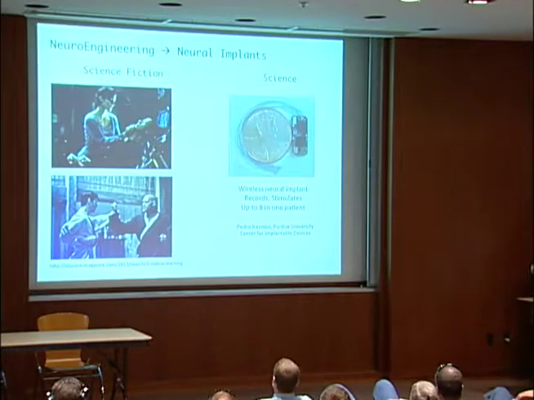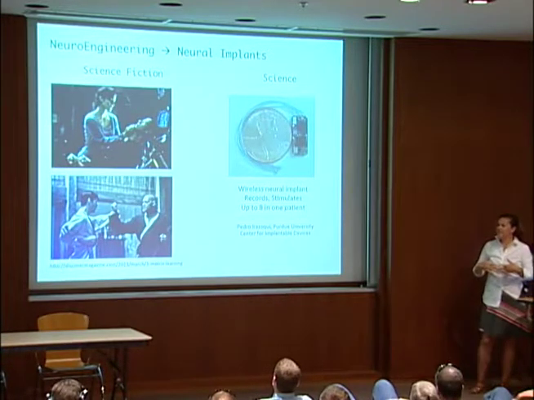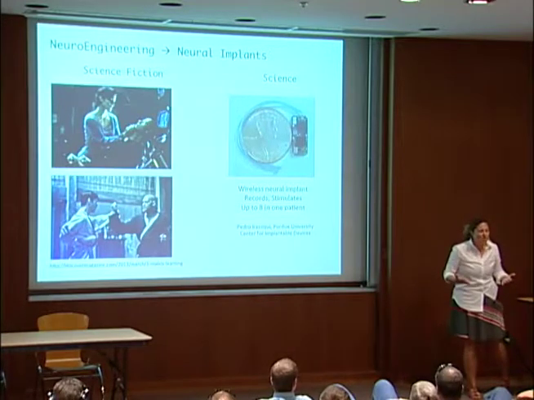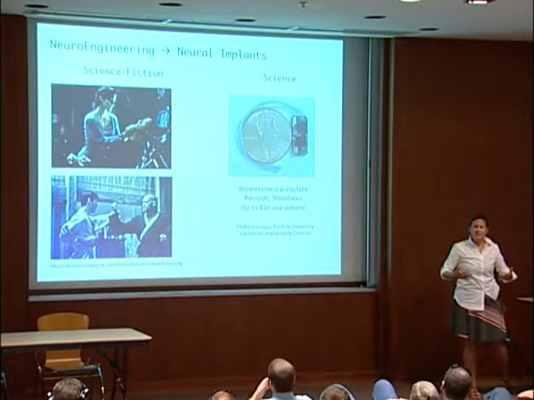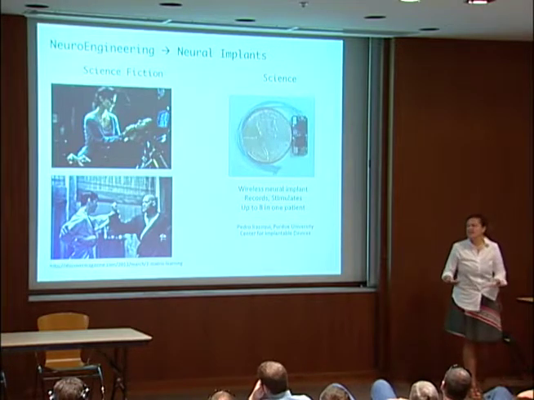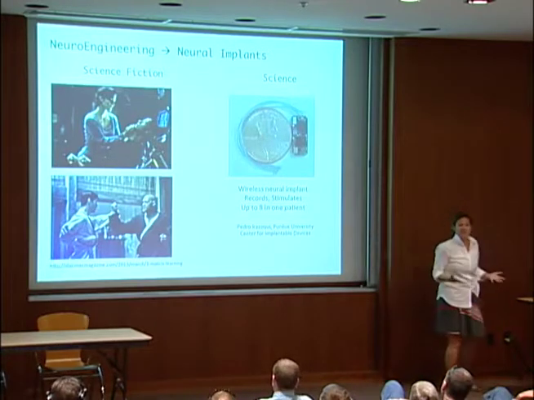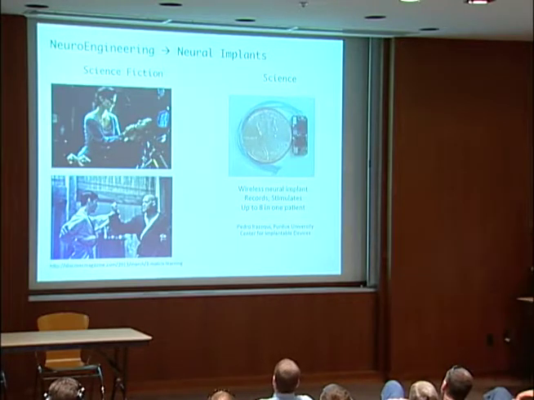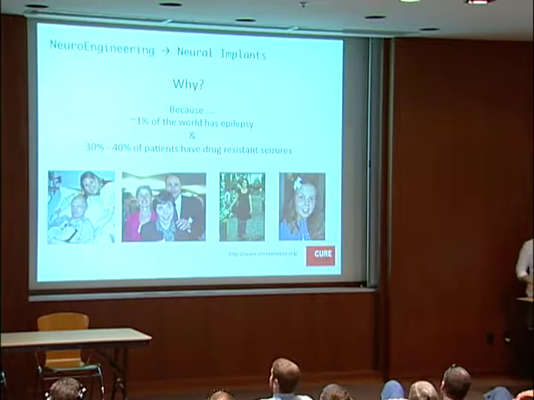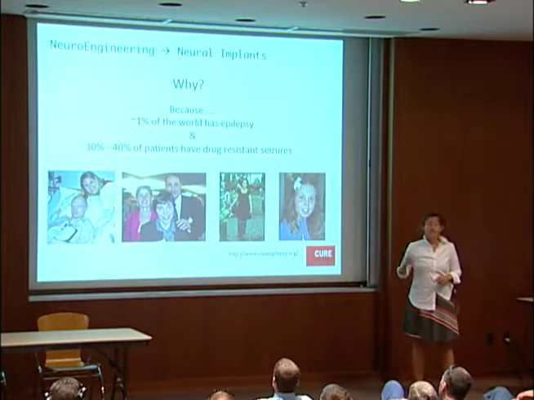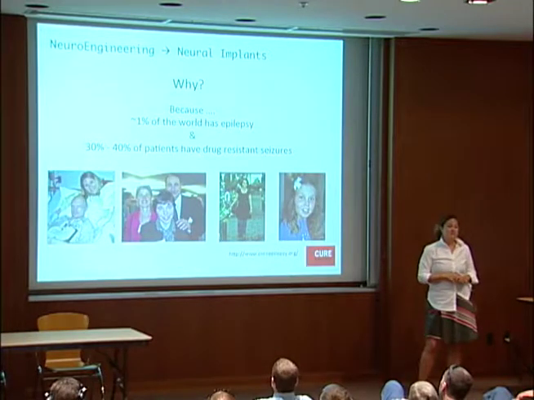So when I was preparing for this, the journalist who was interviewing me asked, why? And I realized, okay, why isn't always an obvious question to everybody. So for each of these, I want to give an example of why. Why are we doing this? Why is Pedro making these wireless devices that we can put 8 in the brain? Well, one of the reasons is that 1% of the world has epilepsy, and 30 to 40% of those patients have drug-resistant seizures.